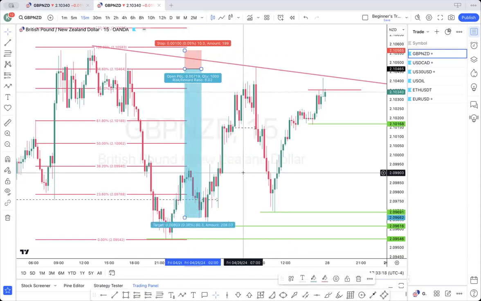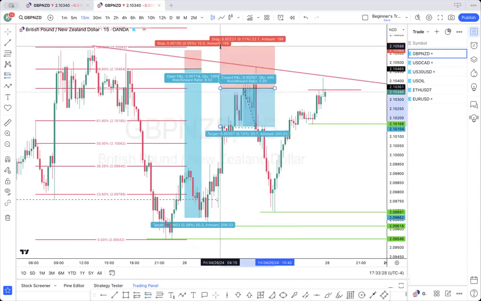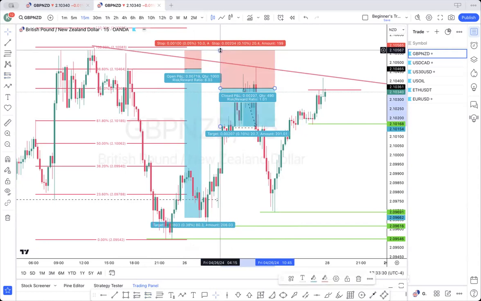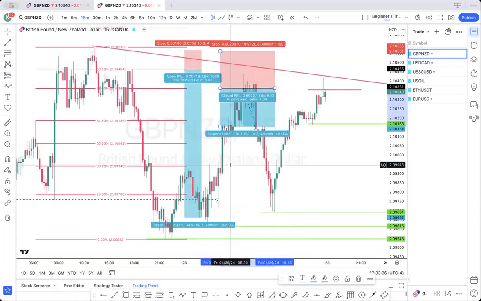So you can use a larger lot size, right? Versus you setting your limit here and your stop loss is the 20 pips, which would have still been good as well, right?